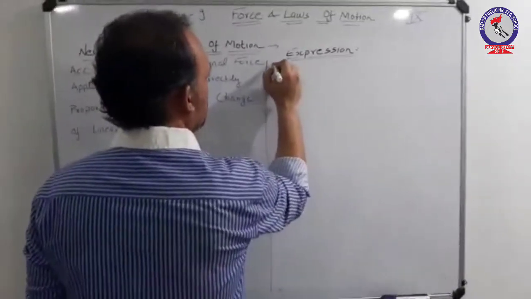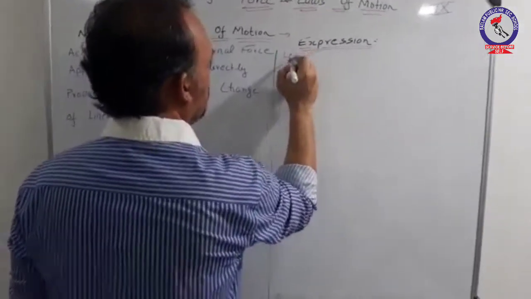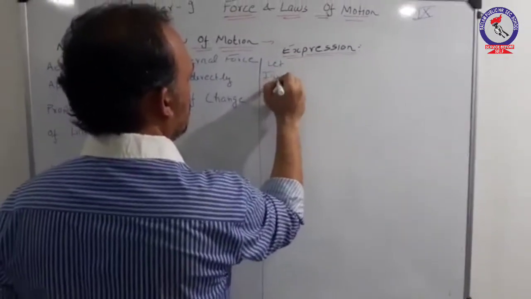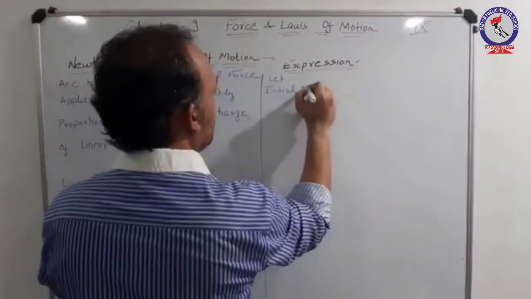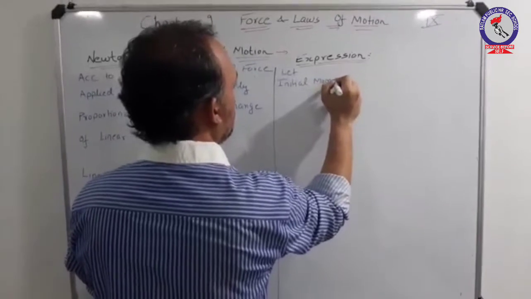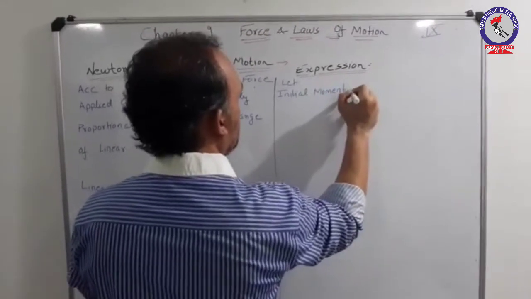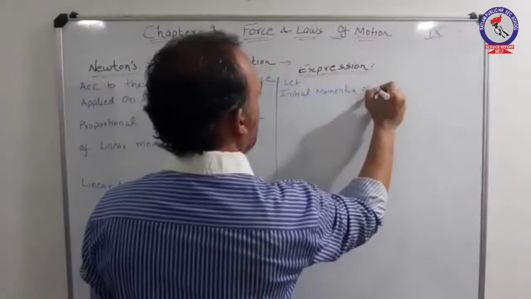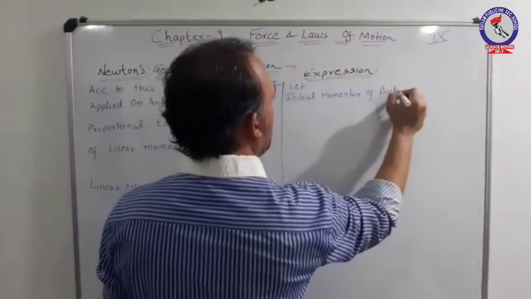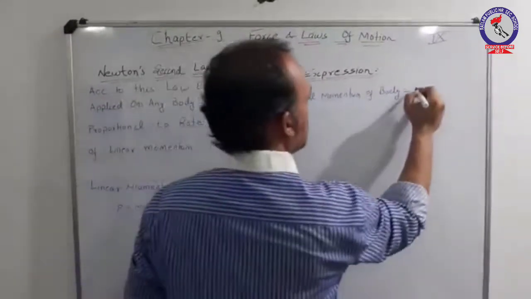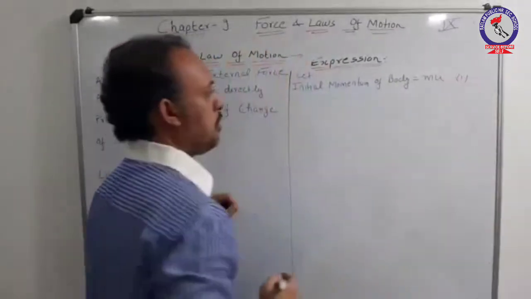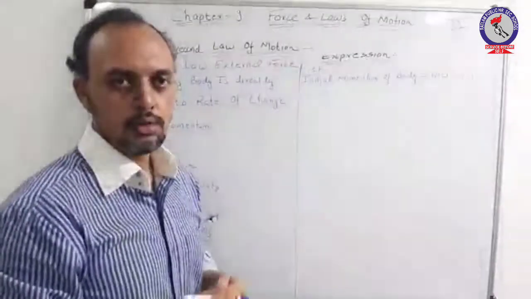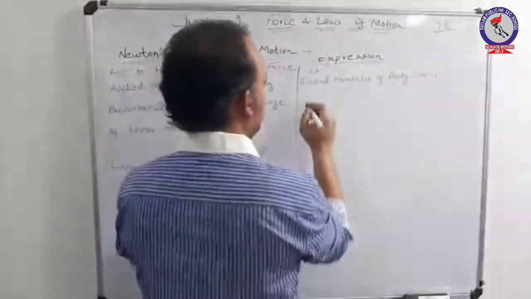Let us suppose some initial momentum of any body is given as mu. Let this be equation number 1, where u represents a certain initial velocity.